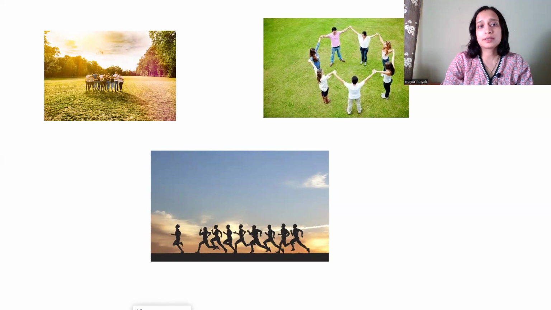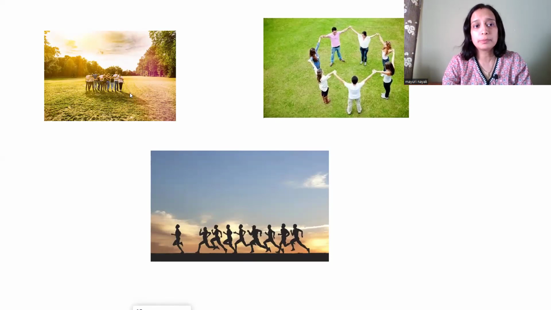Before starting with another topic, I have shared these three photographs over here. Let us study what this means. In the first photograph, you can see a group of people holding hands of each other tightly from behind. In the second picture, they have loosely held their hands.